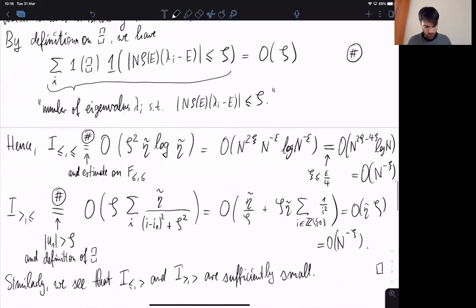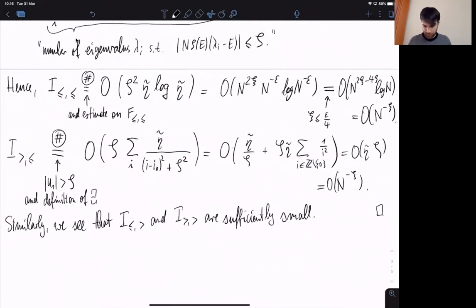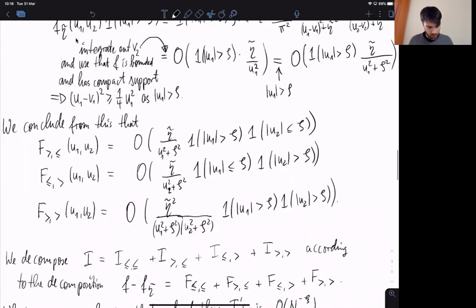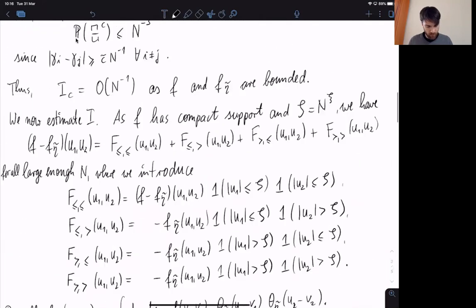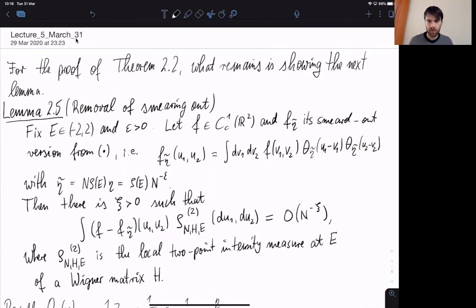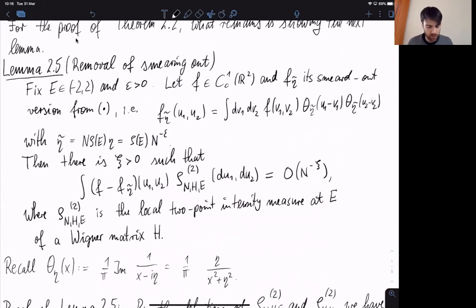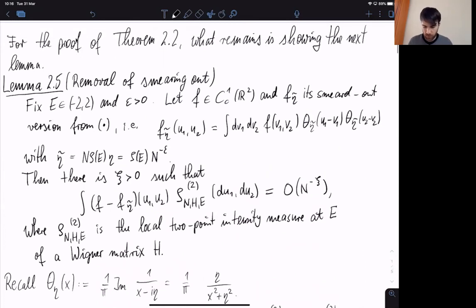So we now completed the proof of lemma 2.5, which was also the last missing piece in the proof of theorem 2.2. So that completes this section.